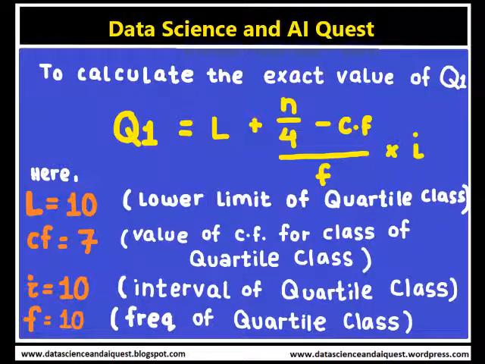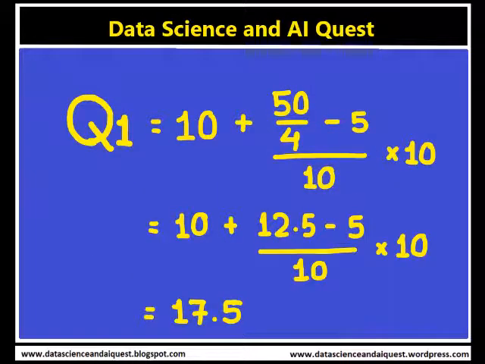CF is the cumulative frequency of the class preceding the quartile class. F is the frequency of the quartile class, and the quartile class is 10 to 20, so F is 10, and I is the interval of the quartile class, so I is 10 as well. Now putting the values in the formula, we get the value of Q1 as 17.5.